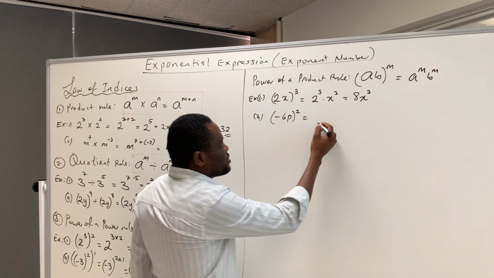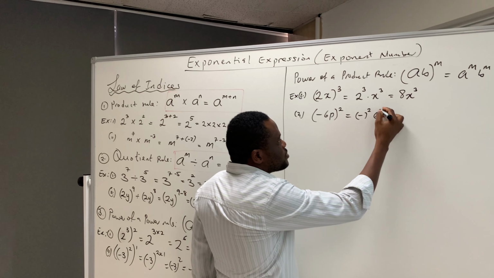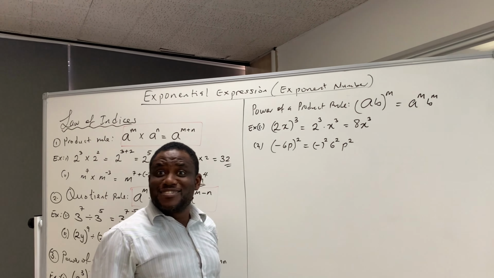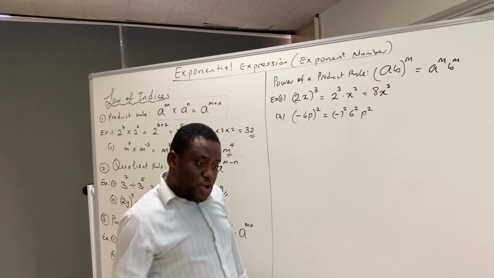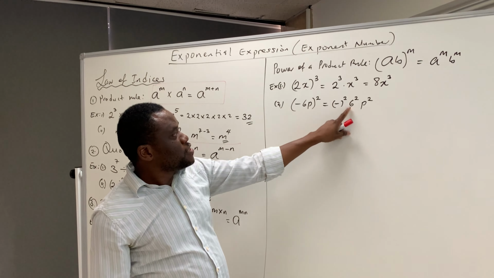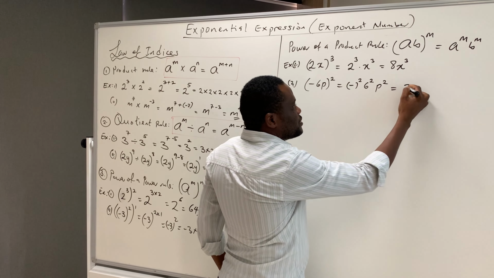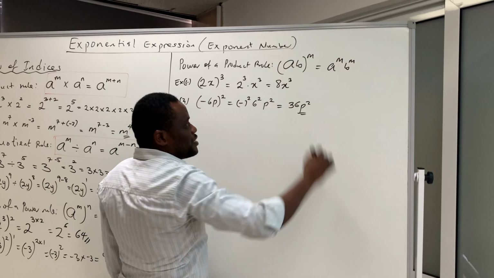So I can write this as minus squared, 6 squared, p squared. Minus squared means minus times minus, which is plus. So the minus is gone. 6 squared is 6 times 6, which is 36. And p squared. This is it.